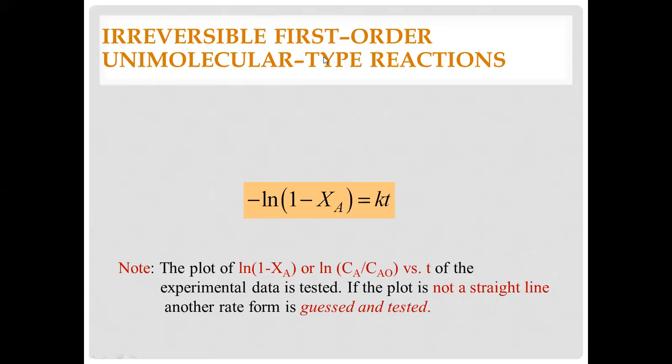Based on what we understand, Miss, it is a different rate form aside from ln of 1 minus Xa or ln of CA over CAO. Oh, so meaning it changes. But originally, what was your understanding of what it is asking you to do? What is it asking you to do?